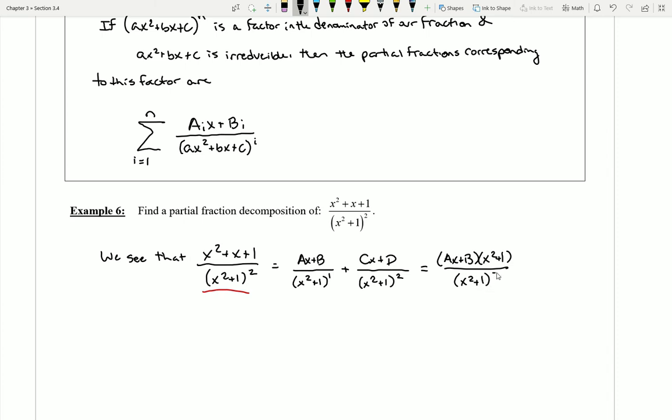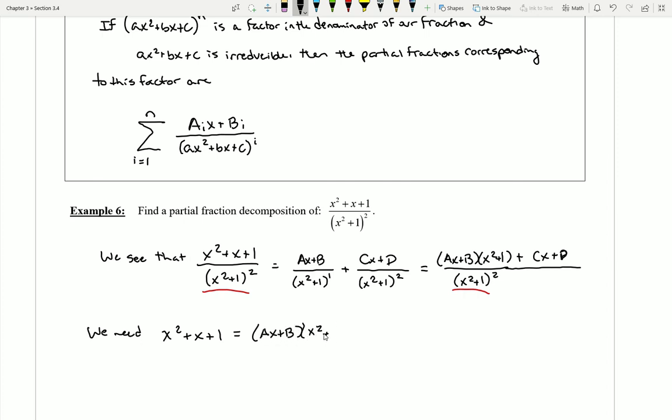Because when I multiply x squared plus 1 to the top and bottom, I get a value squared. Notice then, I don't actually have to multiply by anything on that second fraction because it already would have a common denominator. So now my denominators match. And if 2 fractions are supposed to be equal and they have the same denominator, well, like we've seen before, that means that we would need to have their numerators match. So I can go ahead and write this down.